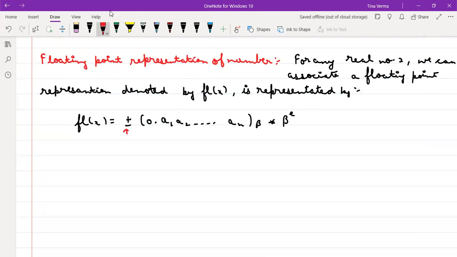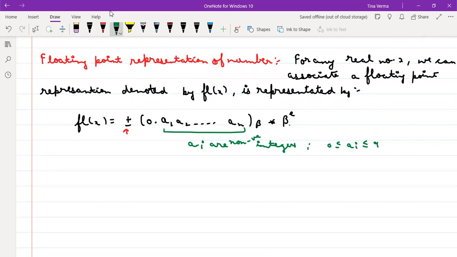This is denoting the sign, the number can be positive or negative. If the number is positive, we don't insert the sign. If the number is negative, insert the sign. The ai's are non-negative integers, because we can consider 0 also, so obviously each will be from 0 to 9.